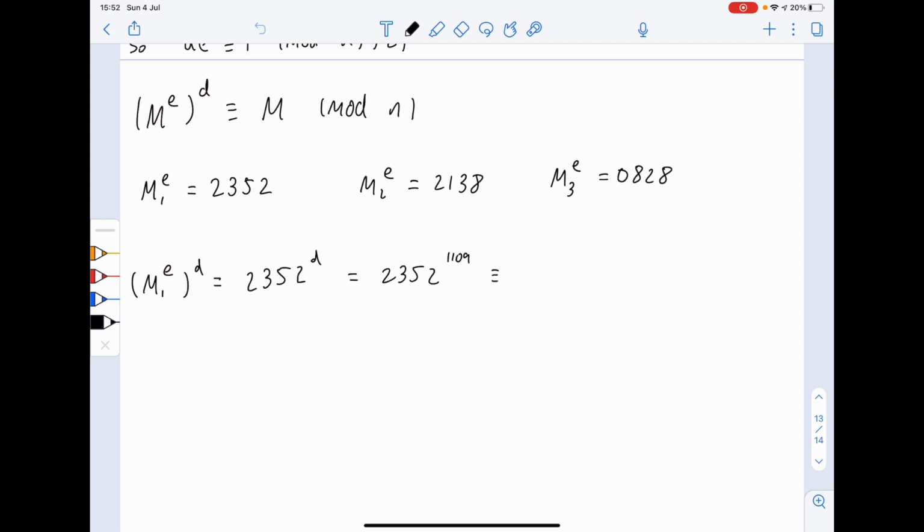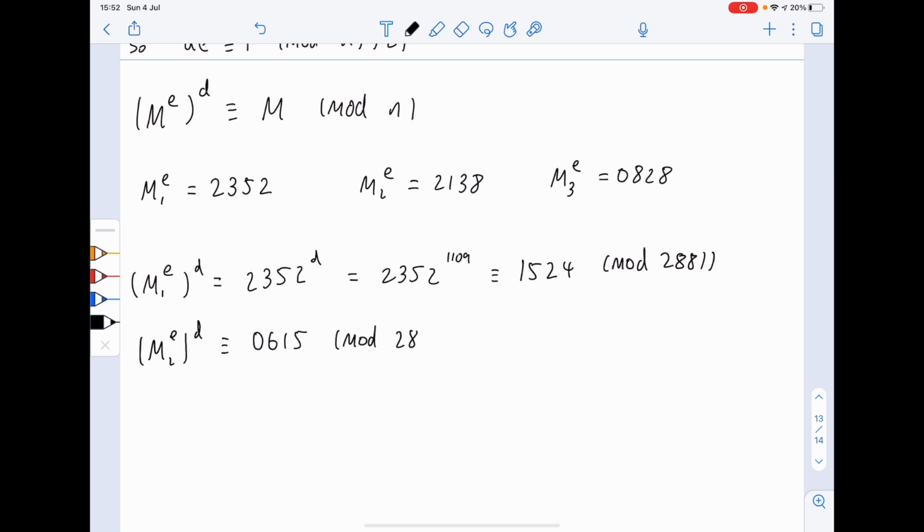But a computer will be able to tell you relatively easily that this is the same as 1524 modulo N, which is 2881. Similarly, M2 to the E to the D is congruent to 0615 mod 2881. M3 to the E to the D is congruent in the same way to 1804 mod 2881.